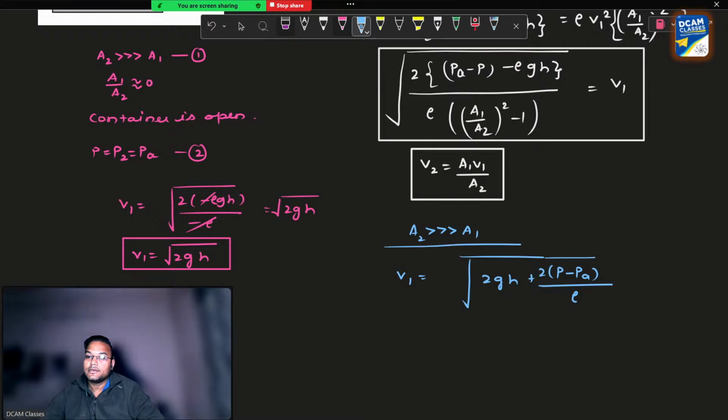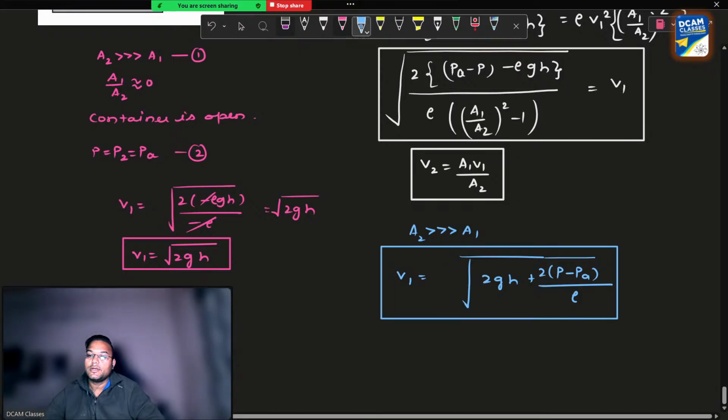This is the expression when the container is closed but A2 is very large as compared to A1.